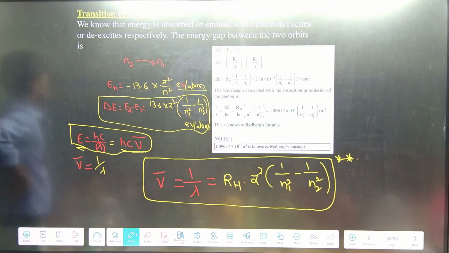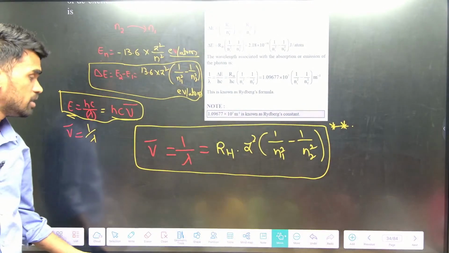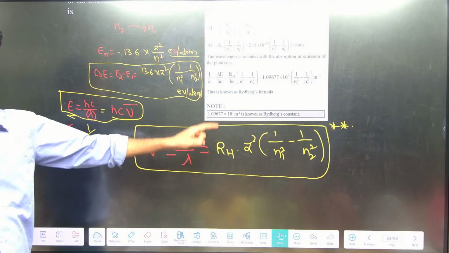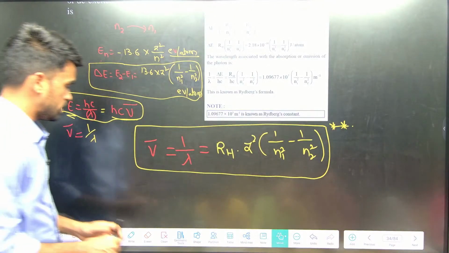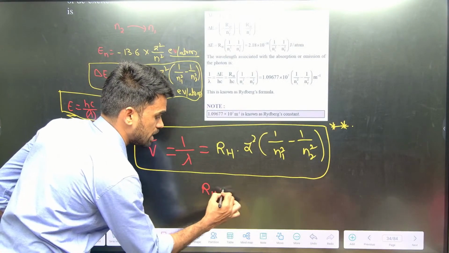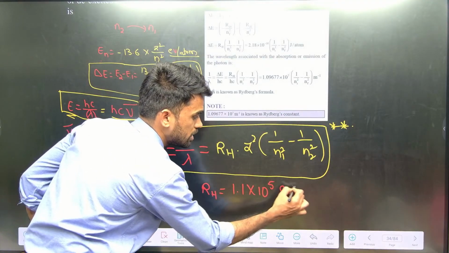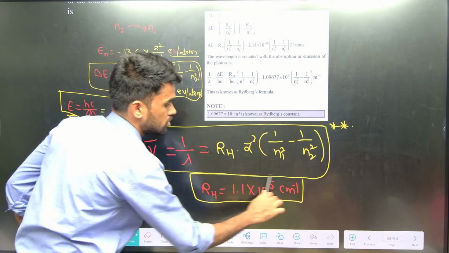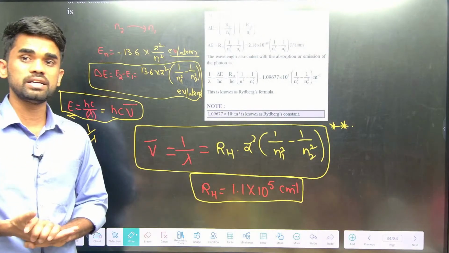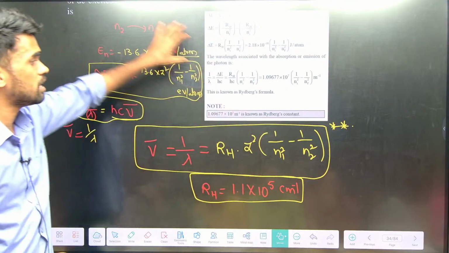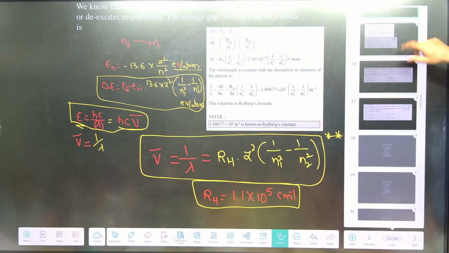In Rydberg's equation the constant RH has a fixed value, 1.1 into 10 power 5 centimeter inverse. Write this, the remaining I will explain in the next class. If you want to practice, there are a lot of questions here.